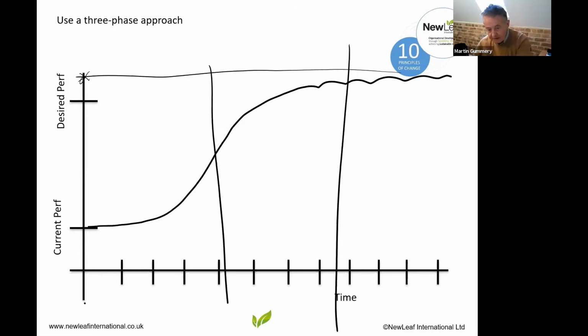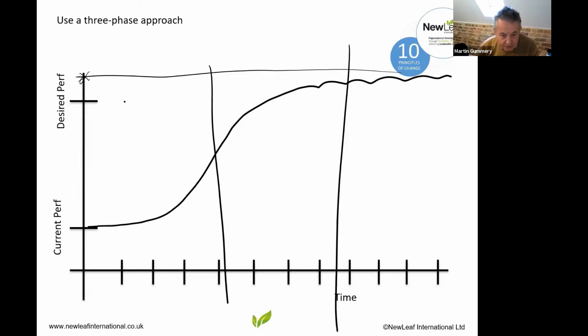And I've divided that journey into three. So these are the three sort of fundamental steps that must happen. And again, we use this principle looking at a multi-site, multi-country size business, and we will look at these three steps if we're looking at a relatively small improvement change program in one location.